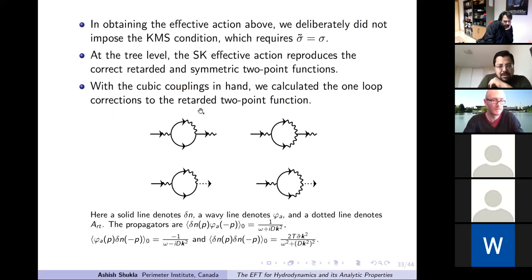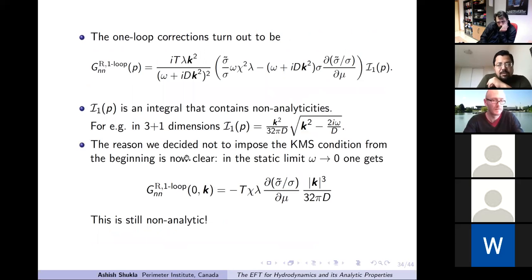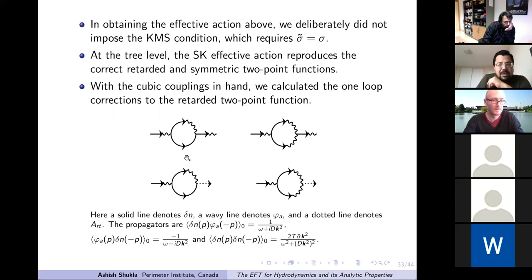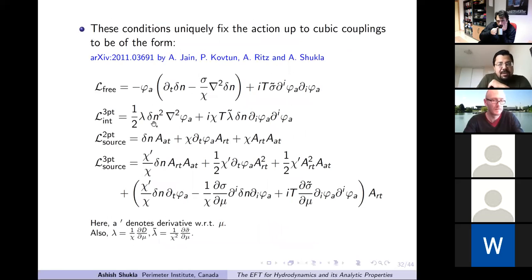We computed the loop contributions to the charge density retarded 2-point function GRNN, as I was saying earlier. These are the 4 loops that contributed to it. And in computing these loops, the propagators that I'm using for, say, for example, delta n phi a or phi a delta n, etc., I could compute them from the free part of this theory.